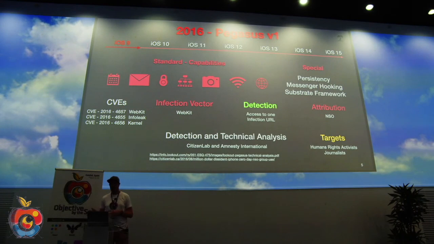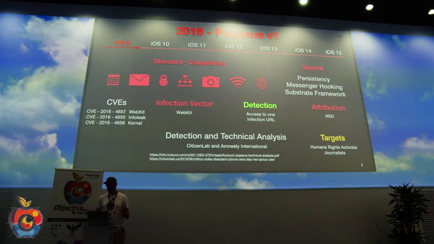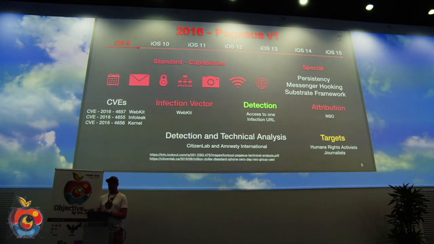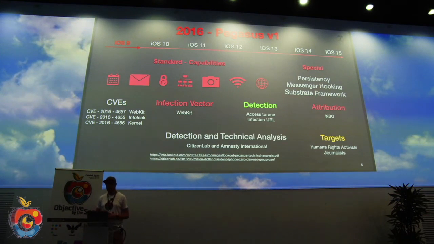The technical analysis has been done by Citizen Lab and by Lookout. At that time, it was attributed to NSO, and the targets were human rights activists or journalists. To be fairly clear, it's not NSO who is targeting these people, but of course the customers of NSO who are targeting them. NSO is just selling it.